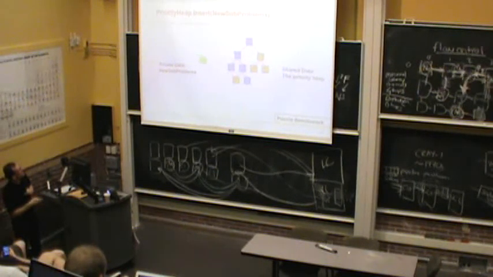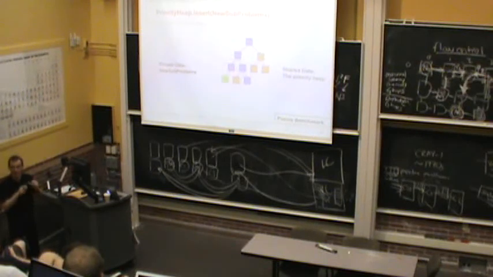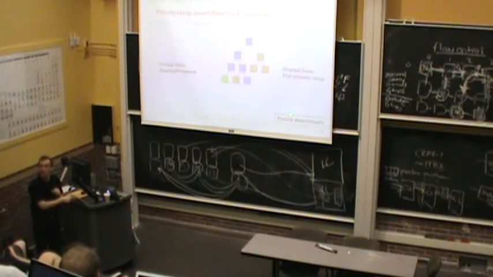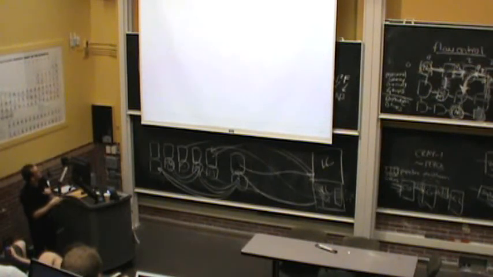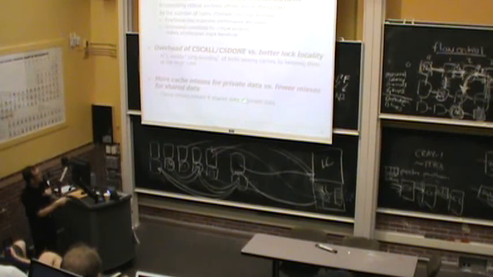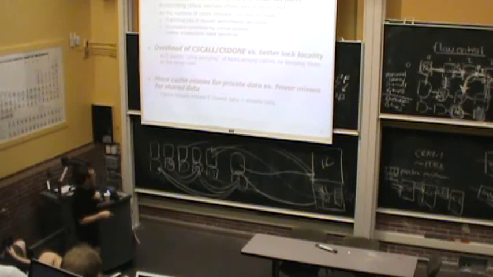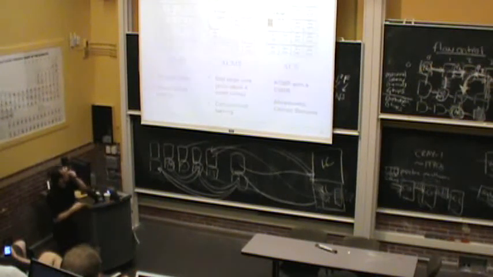And this is what happens. You touch all of this data to be able to insert this little node. So you touch many more nodes than the number of nodes you're inserting. So cache misses are reduced if shared data is greater than private data. It turns out that's what happens.